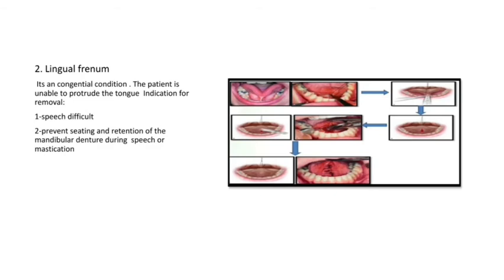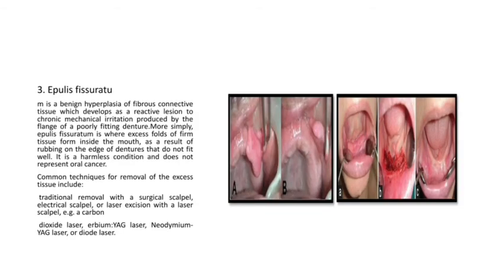Epulis fissuratum is a benign hyperplasia of fibrous connective tissue which develops as a reactive lesion to chronic mechanical irritation produced by the flange of a poorly fitting denture.